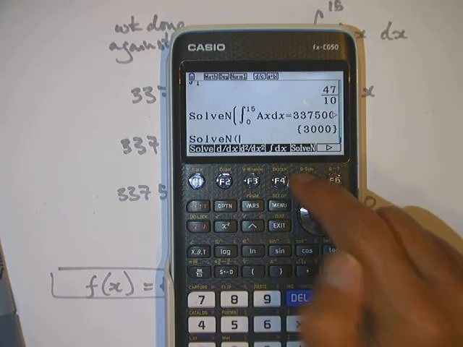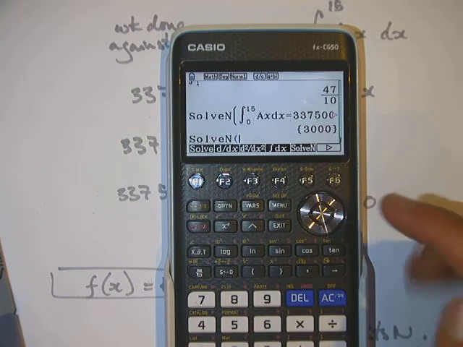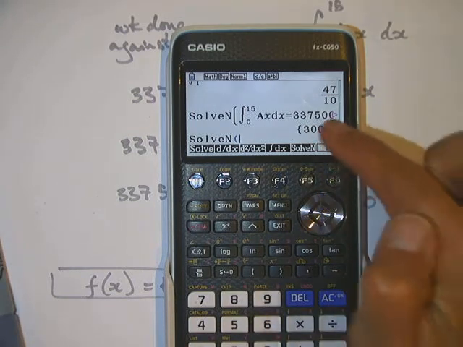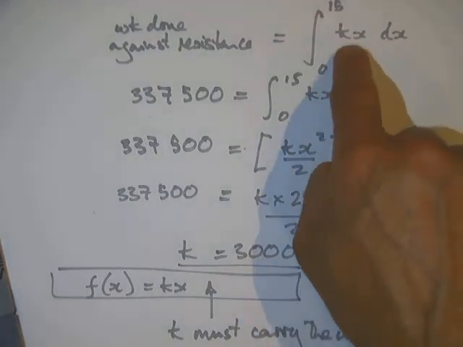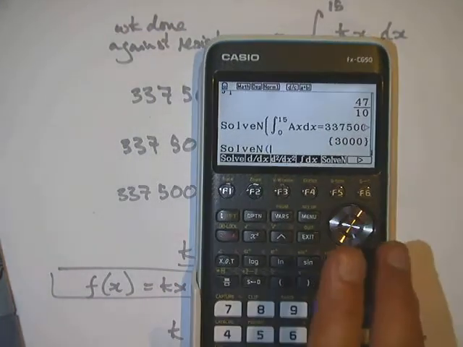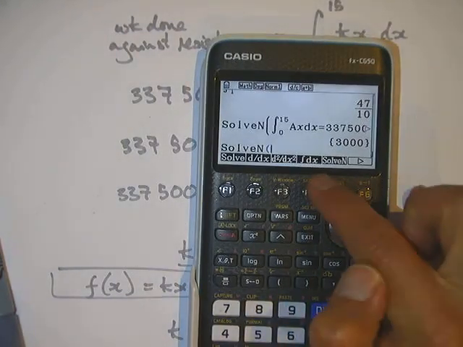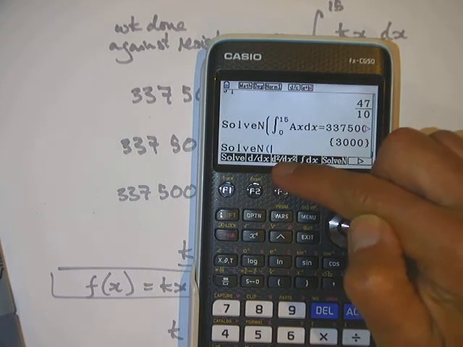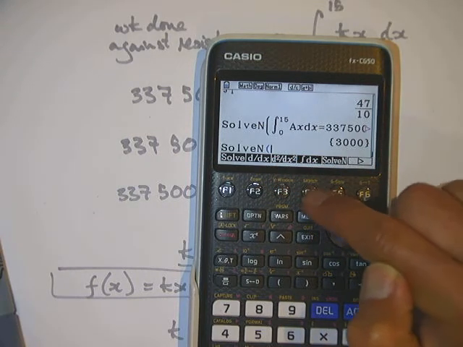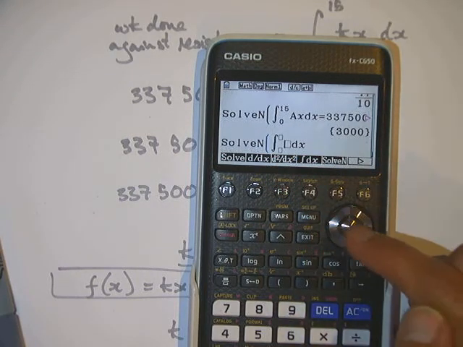Press that. It's a function which solves any problem. Now, just because what we're trying to find is a value here doesn't mean we can't use this solve n business. So notice that in solve n, one of the options is the integration, first differential, second differential. So I'm going to press integrate.